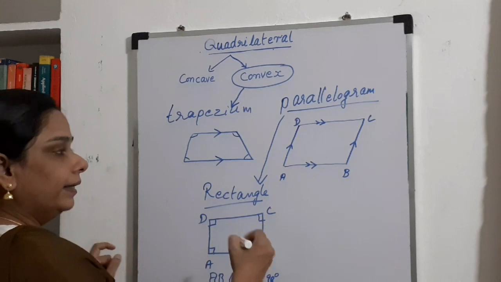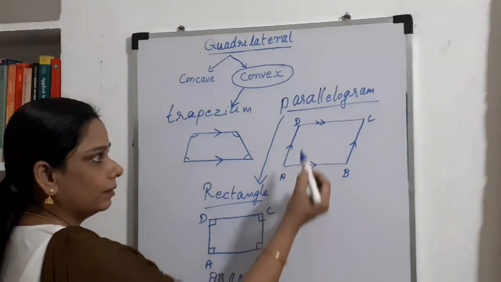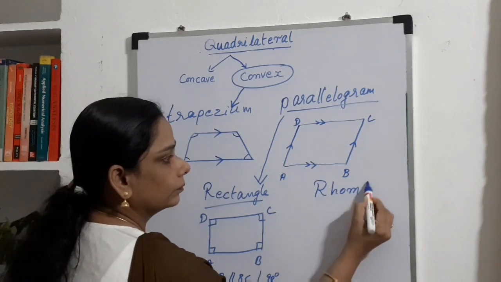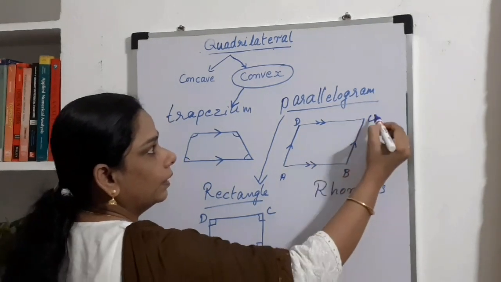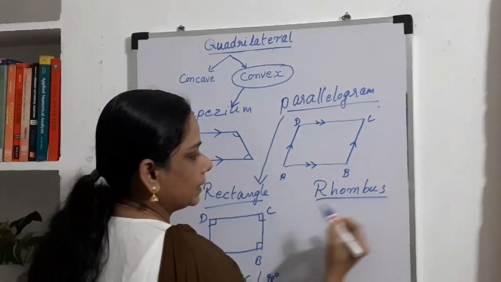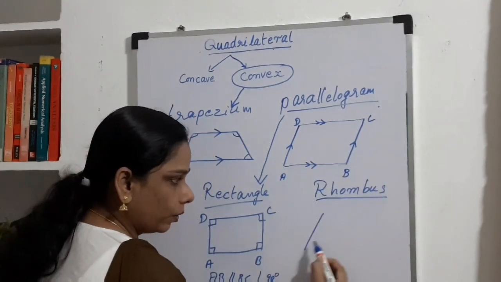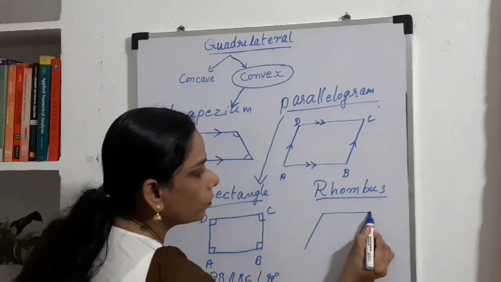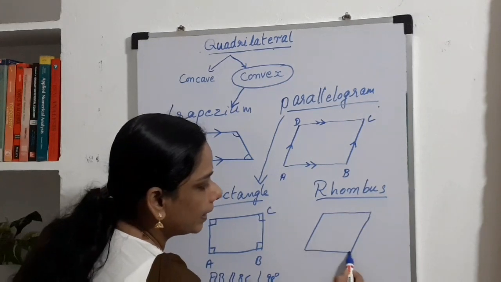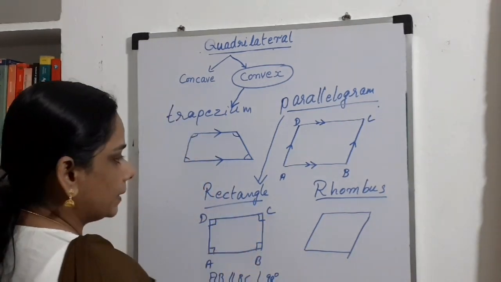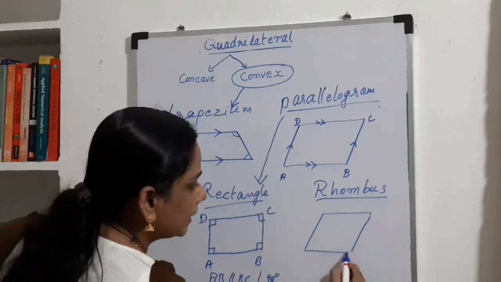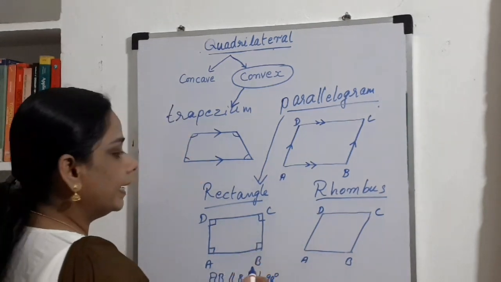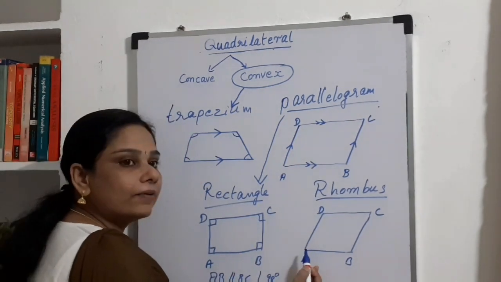Next type of parallelogram is the rhombus. So what is a rhombus? In a parallelogram, if all the four sides are equal, we can call that a rhombus. So ABCD is a parallelogram in which adjacent sides have equal length.